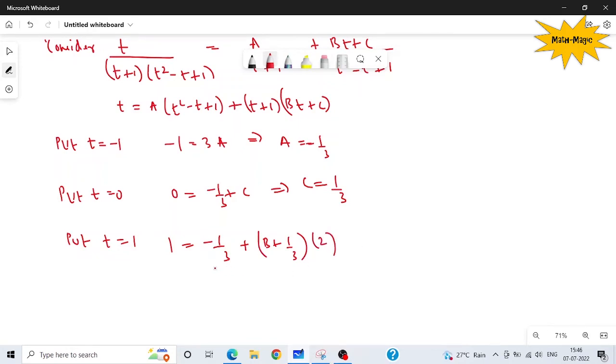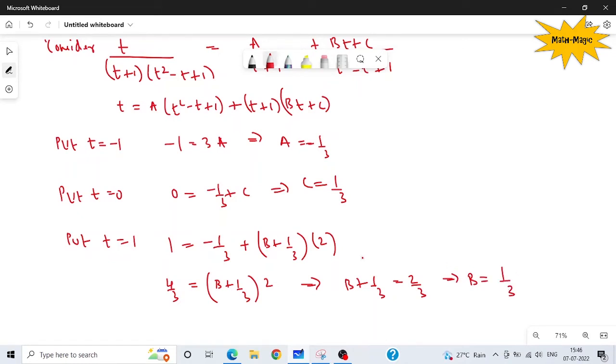Then we get 4 by 3 equals (b plus 1 by 3) into 2. So this implies that b plus 1 by 3 equals 2 by 3, and finally we get the value of b, which equals 1 by 3.